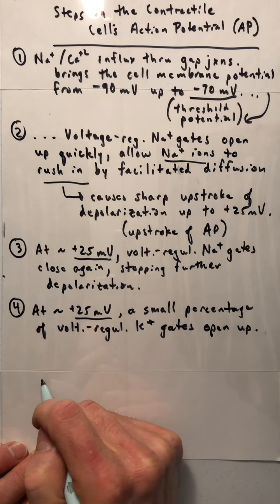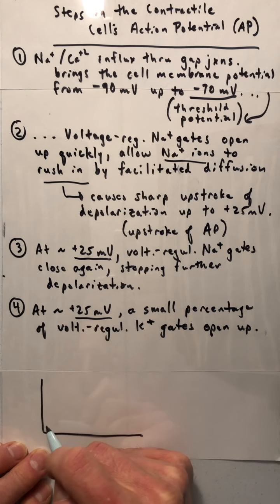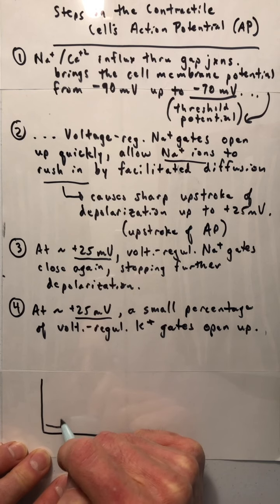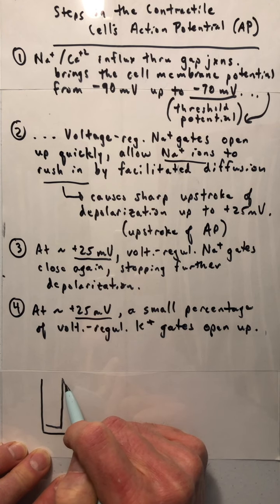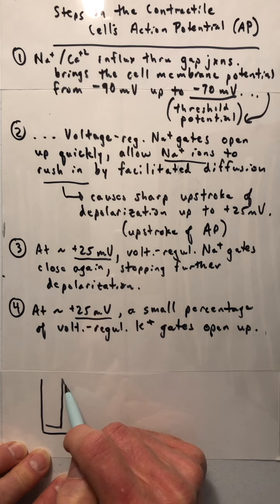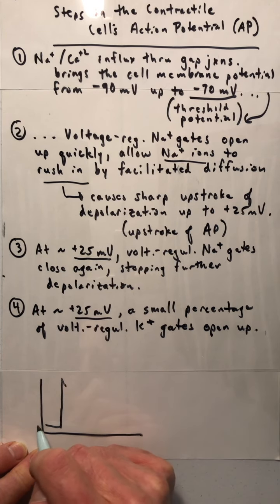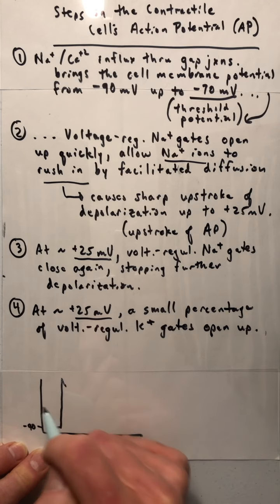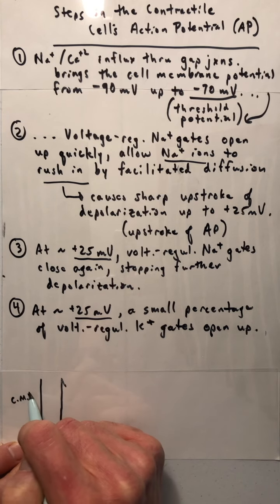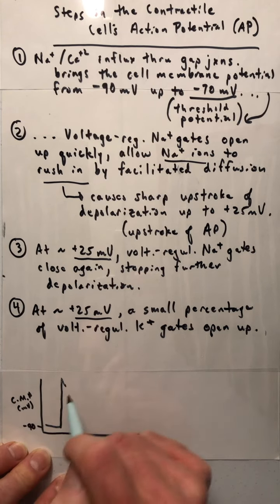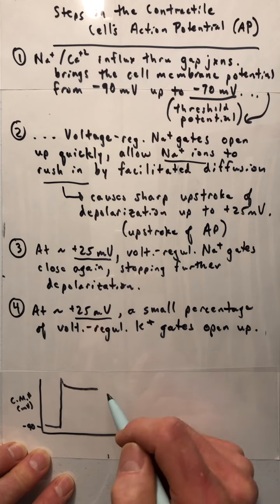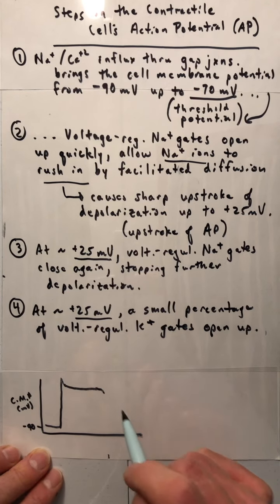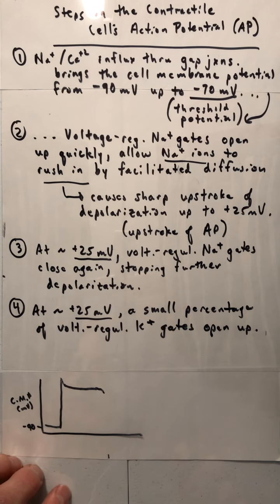So again, if we graphed this, we have resting membrane potential and then a sharp upstroke, but then a very quick turnaround. And actually a sharp turnaround, not all the way back down to minus 90 millivolts, but down a little bit, and then there's a plateau phase where things flatten out before we repolarize back down to the resting state.